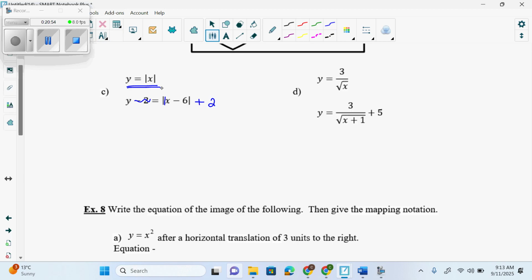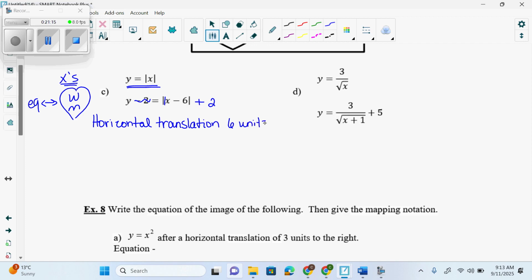Now, if we go from equation to words and mapping, which is what we're doing, our x's switch because they'd be crazy, right? So we have a horizontal translation, 6 units right. Which means my mapping would be x, y becomes x plus 6 because I have to move 6 to the right.